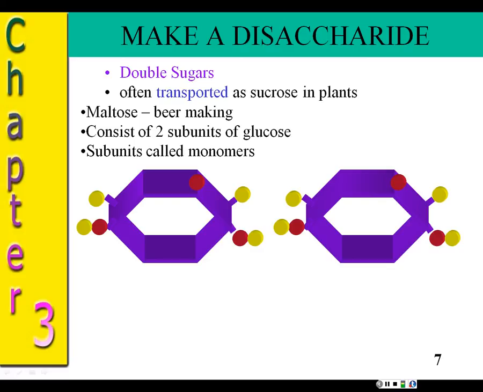And it says we're going to follow this with a dehydration synthesis reaction. So you told me that the word dehydrate meant to remove water.